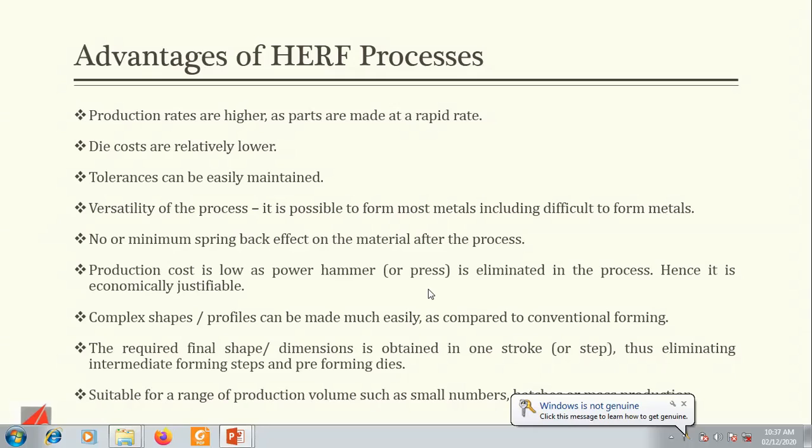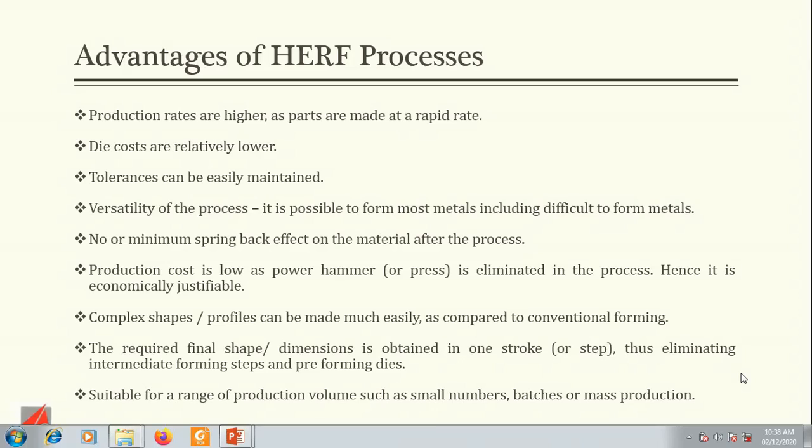We have seen the manufacturing of a spanner or the manufacturing of the connecting rod of the IC engine while studying the forging operation. In that, many steps are involved, but in this case we are producing the part in only one step. That's why this is a very easy process, we can say, or a profitable process, suitable for a range of production volumes such as small number, batch or mass production.